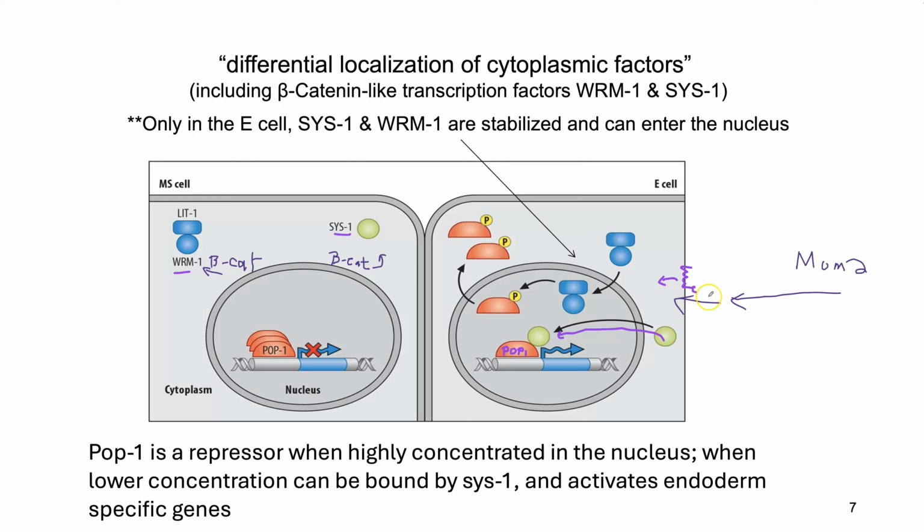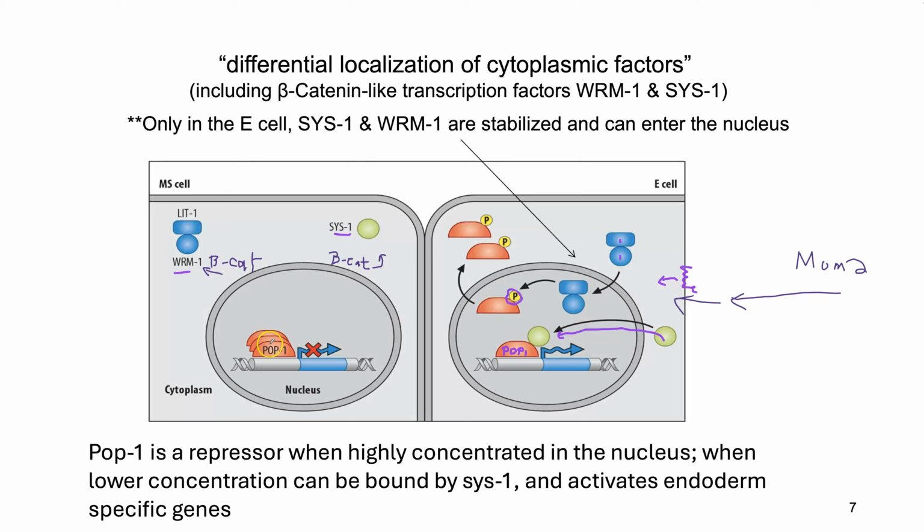In the absence of Wnt signaling, WRM1 and LIT1, these two together, this is a kinase, and this is a beta-catenin, as I said. They can enter the nucleus, and what they do is they actually are able to phosphorylate POP1, the transcription factor.